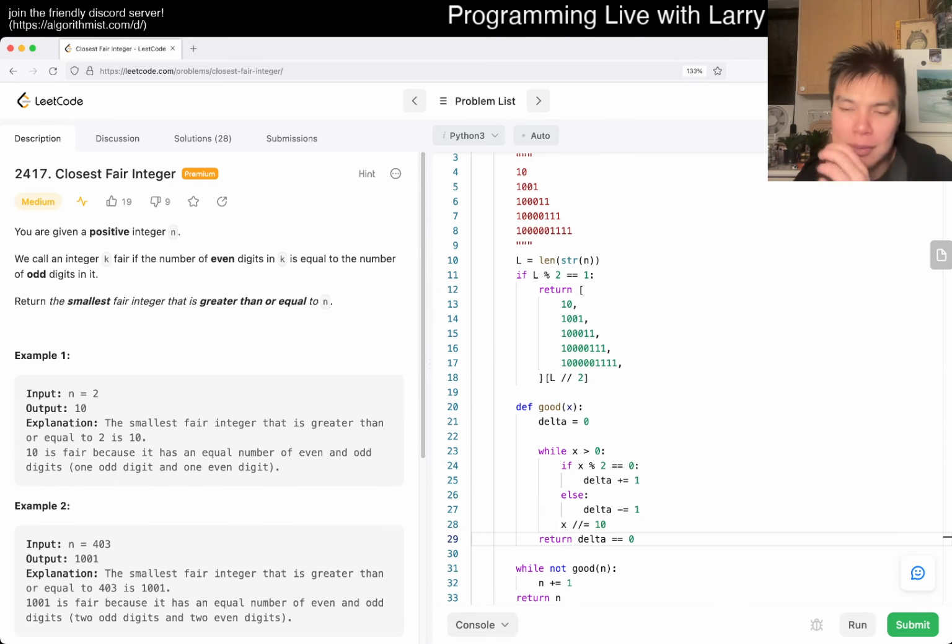Even though my idea is mostly right, the case that I missed is if it goes from 8 digits to 9 digits, or an even number of digits to an odd number of digits, so then you have to go back up to one of these things. What's the best way to do it?